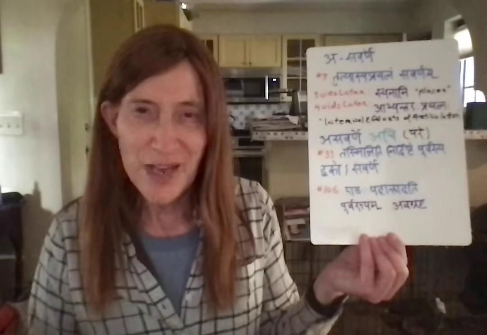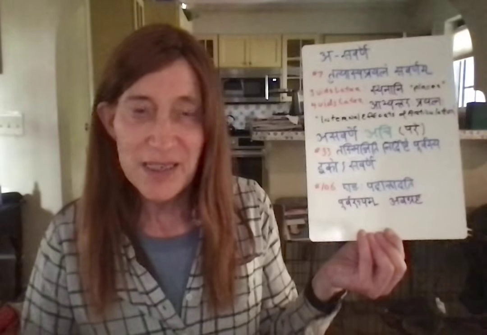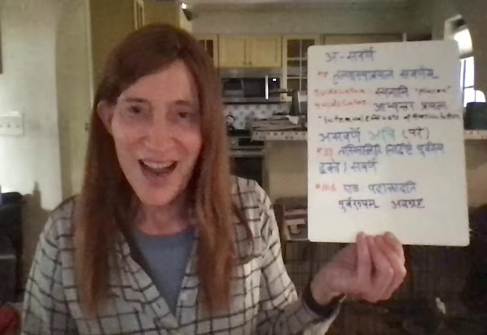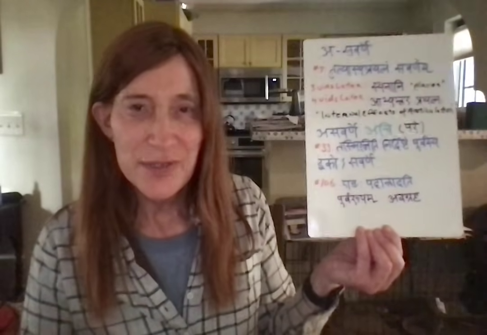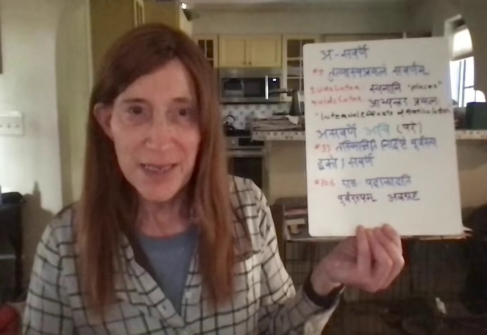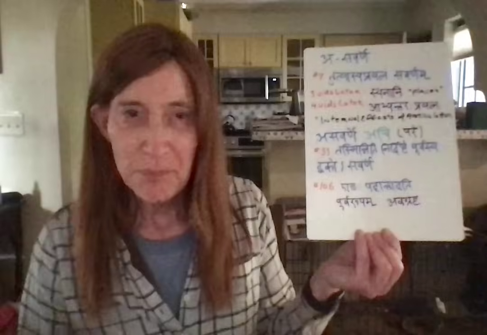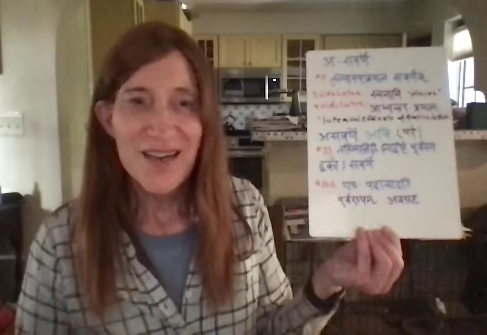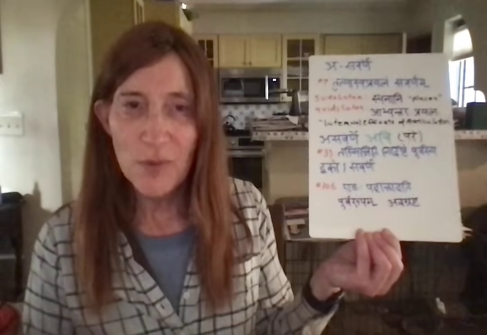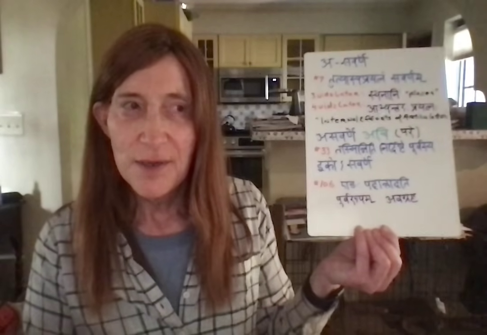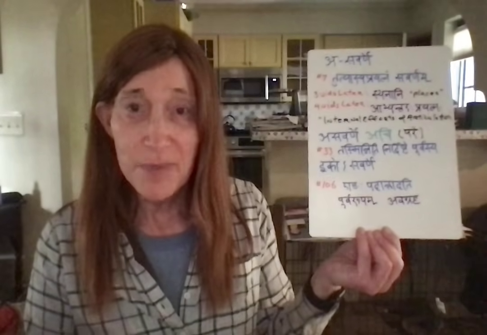And how does that work? Well, tasmin is saptami of tad. And in the grammar, when tad is used, not referring to something, not pointing to something, that, or then, it is a way of identifying a vibhakti.